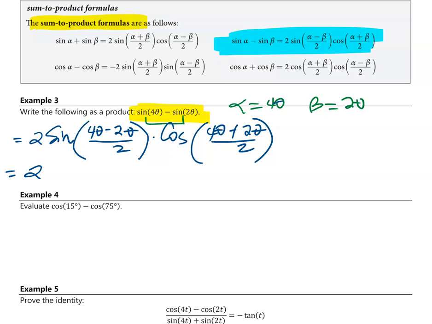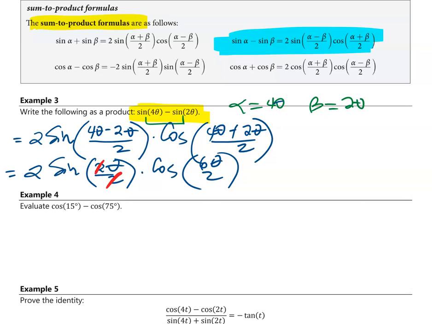So this is equal to 2 sine of 4 theta minus 2 theta, that is 2 theta over 2, times cosine of 4 theta plus 2 theta, which is 6 theta over 2. And now 2 over 2 is just 1, so this is 2 sine theta, and 6 over 2 is 3, so this is cosine 3 theta. So this is the answer.